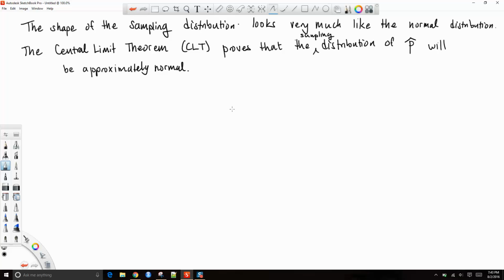And we're going to take advantage of this. In the future, we're going to approximate the sampling distribution of p-hat with the normal distribution, so we can use this to our advantage.